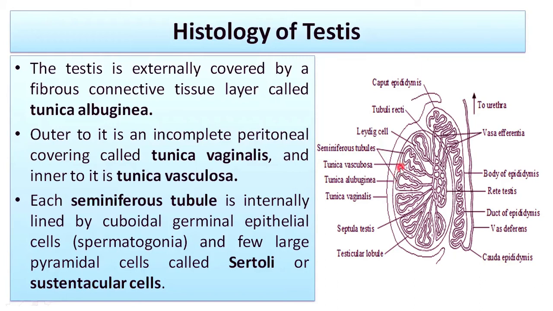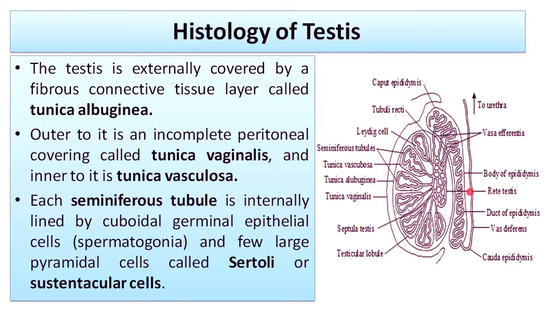Now see the Leydig cells, and these are the tubuli recti. See, these are the caput epididymis, meaning the head of epididymis. Then see, students, this is the body of epididymis, and sperm is passing from the epididymis layer, and this is the cauda epididymis, meaning the tail of epididymis.